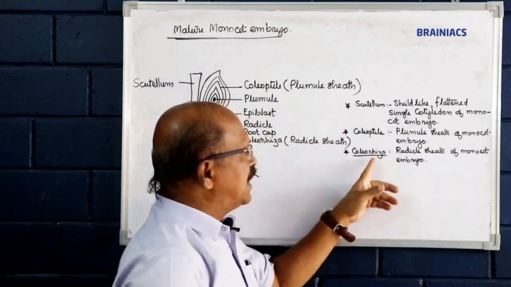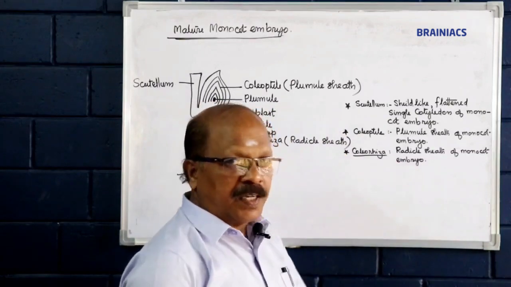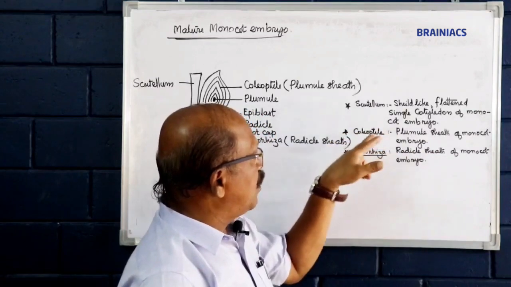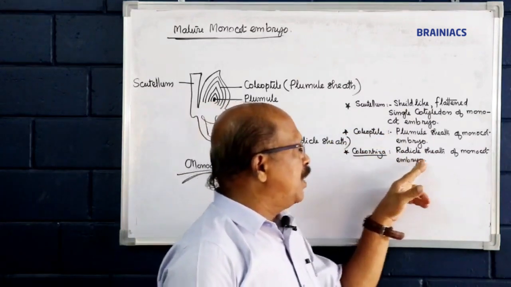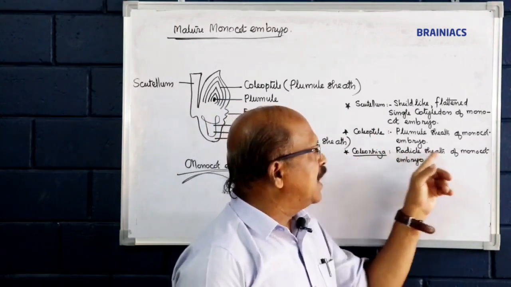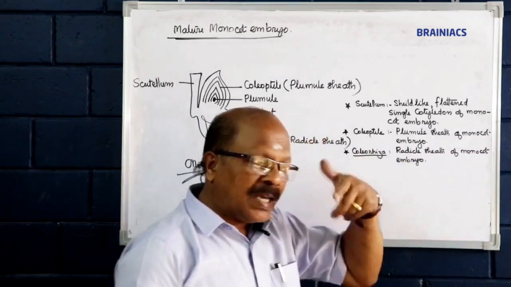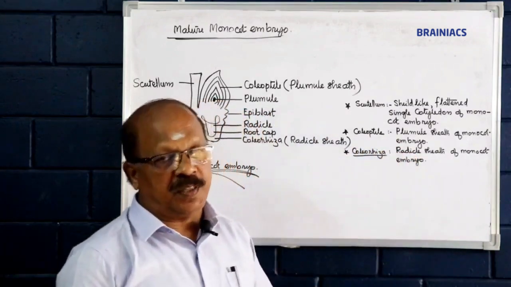So I have to remember rhiza stands for rhizoid, root, radicle. So distinguish between coleoptile and coleorhiza, may be asked. The radicle sheath of the monocot embryo is coleorhiza. Coleoptile is the plumule sheath.